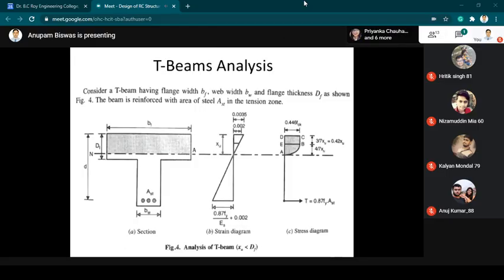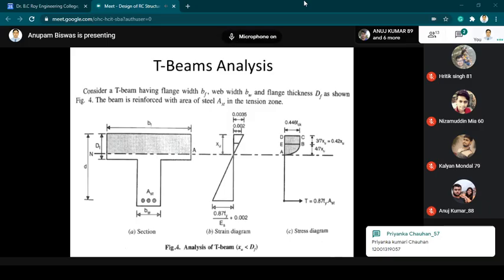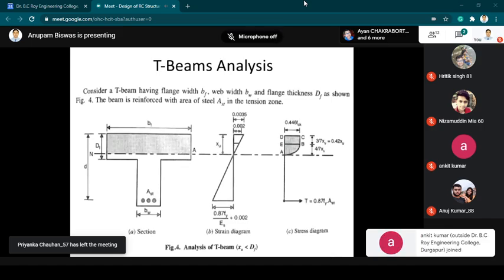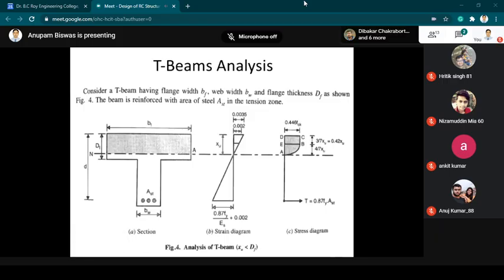So this is one condition in which we will do our analysis, and another condition is when this neutral axis falls below the flange part, meaning the neutral axis is present in your web portion. Okay, for these two cases, we will see the variation in moment of resistance and the difference in calculation. We will discuss. So I hope all of you have drawn this picture.